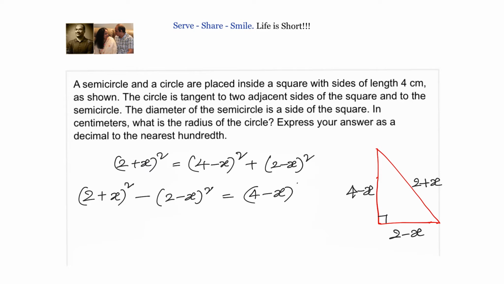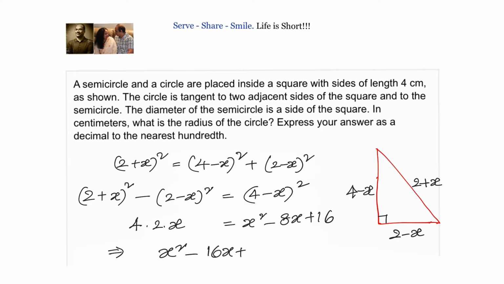So the left side will have 4ab, which equals x squared minus 8x plus 16. Simplifying that, we get a quadratic equation: x squared minus 16x plus 16 equals 0.